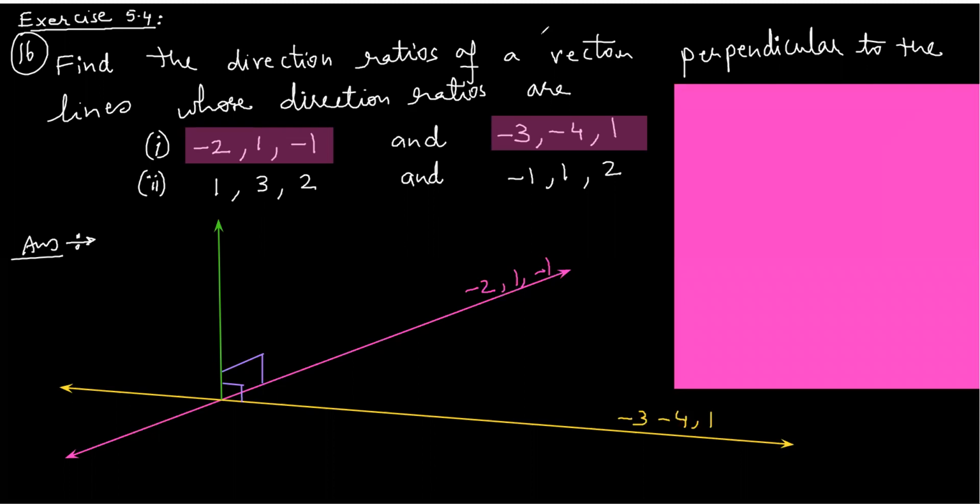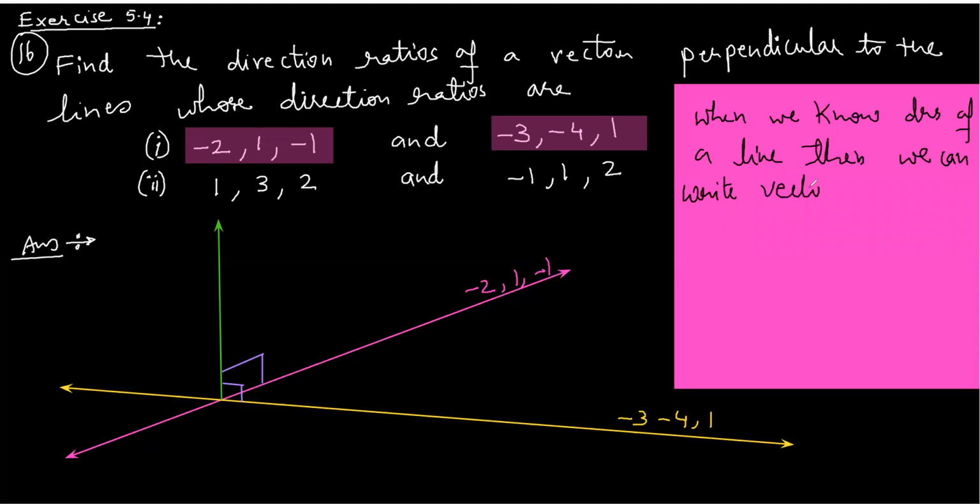If you remember what we had written: when we know the DRs of a line, then we can write a vector parallel to that line. So this is the point to be remembered.